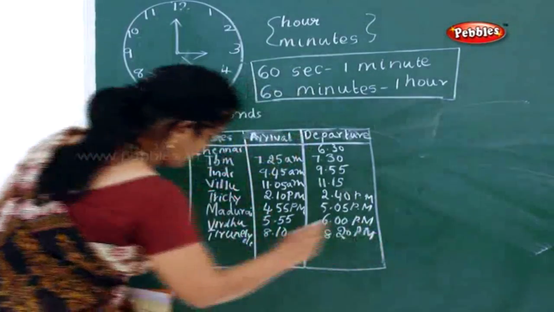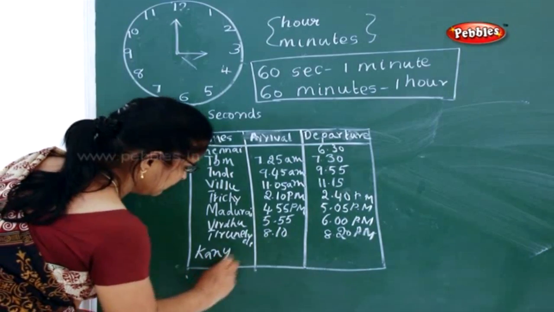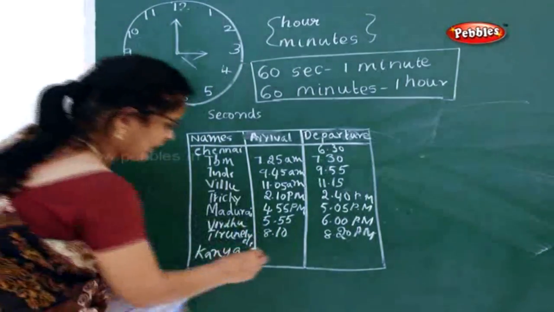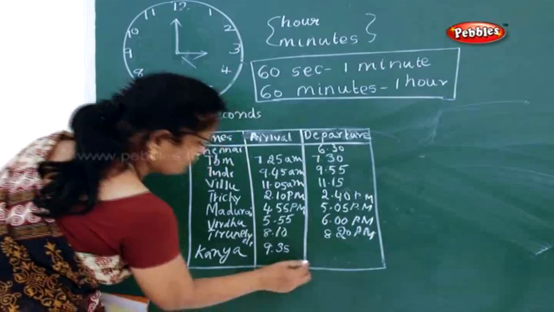And then last stop was Kanyakumari. It arrived 9:35 a.m. This was the last stop.